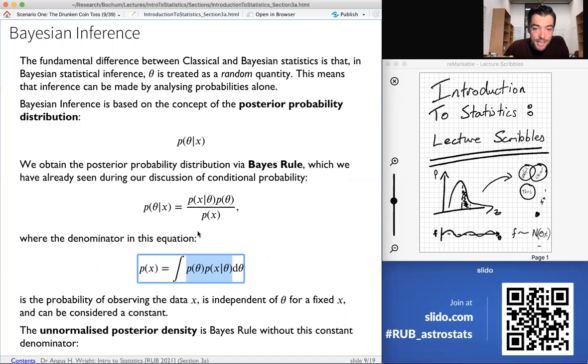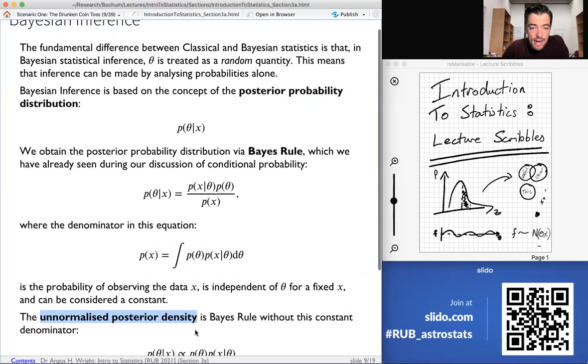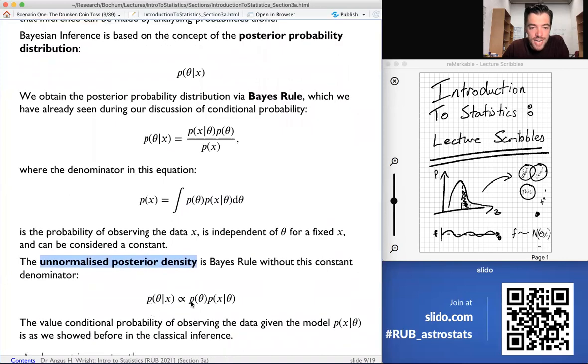That means you can calculate what's called the unnormalized posterior probability density as just the proportionality between the posterior probability, P of theta given x, and the likelihood, P of x given theta.